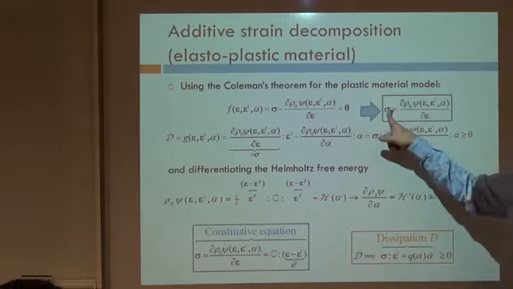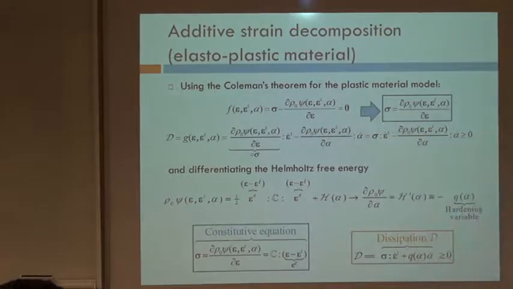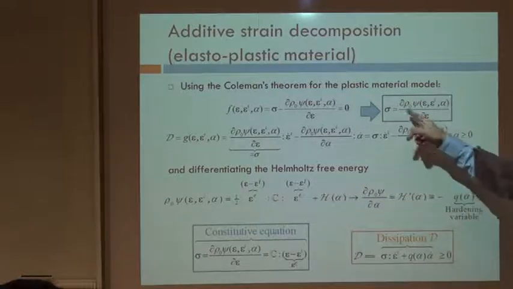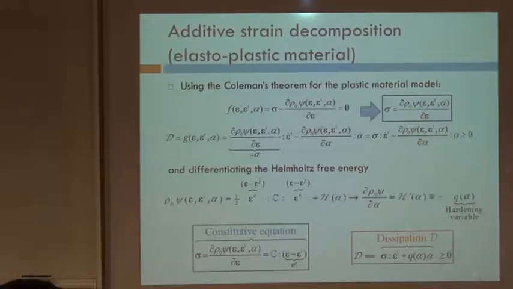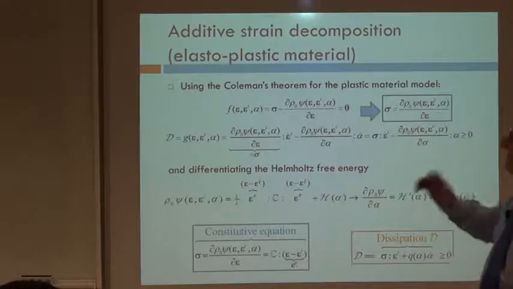So again, something that was also happening in the previous model that we visited the last day: the stresses are always the derivative of the density of free energy with respect to the strains. That's a constant. Always, look, so far, in all cases, the stresses are obtained as the derivative of the free energy with respect to strains. Then what about dissipation?